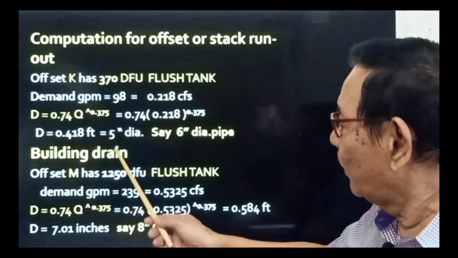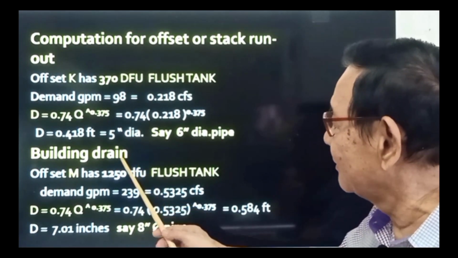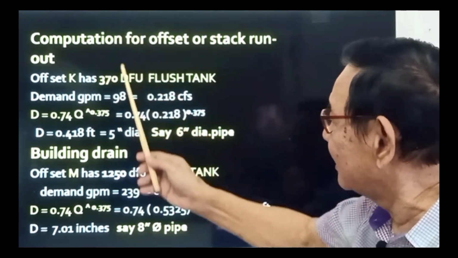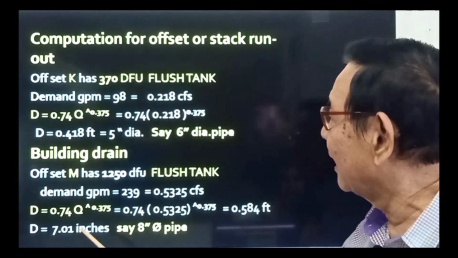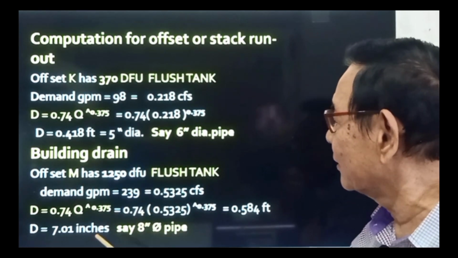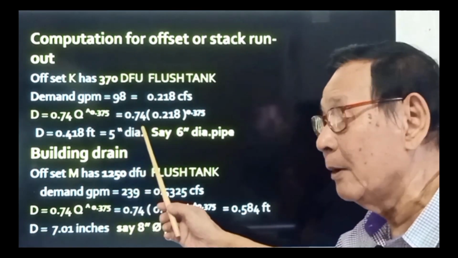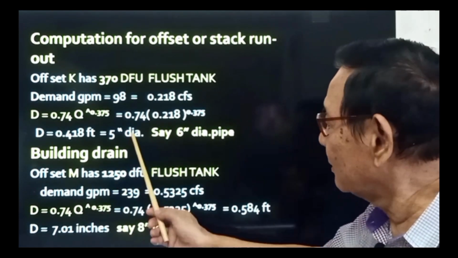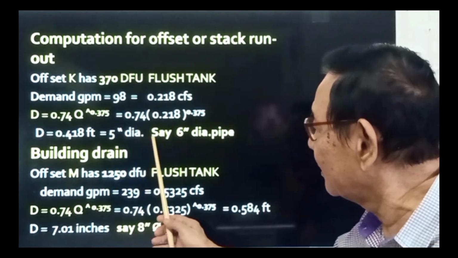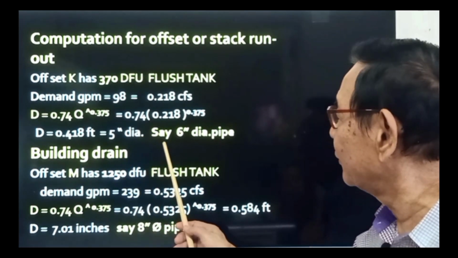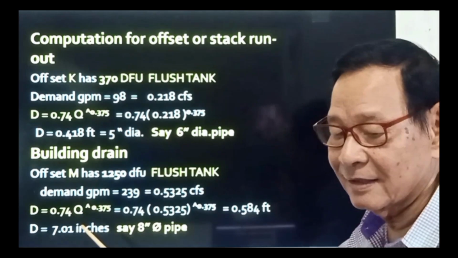So we now have the building drain and the offset from the higher zone, which is 6 inches, and we have 8 inches. Although 5 inches is okay if we have it, we don't. In other countries there are 5 inches, but in our case there is no 5 inches, so say 6 inches.